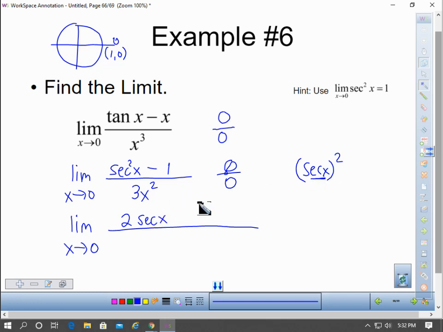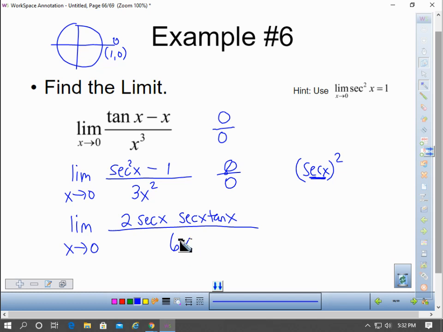So the derivative of secant is going to be secant tangent. So I'm doing the derivative because I'm doing L'Hopital's rule again because I got 0 over 0. So the derivative of secant squared, I rewrote it with a 2 on the outside. So then I did power rule, 2 to the front, drop the degree, and then chain on the derivative of the inside, which is secant tangent. Then the derivative of 3x squared is 6x.